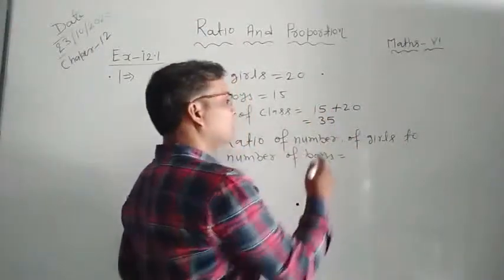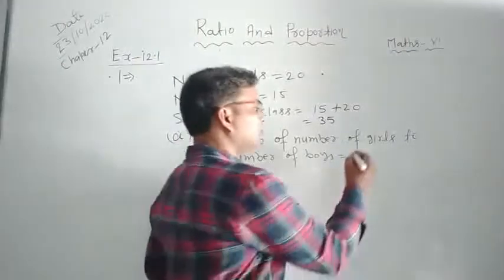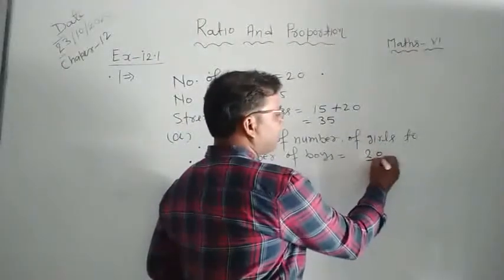So the ratio of the number of girls to the number of boys you can write as 20 by 15.